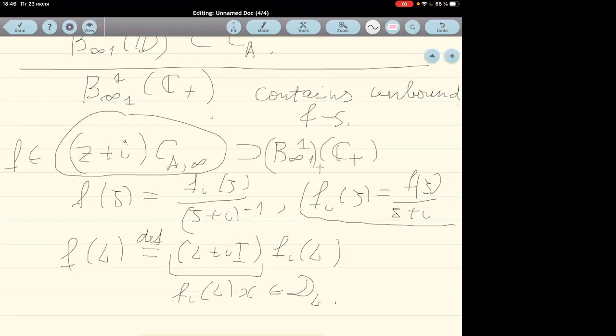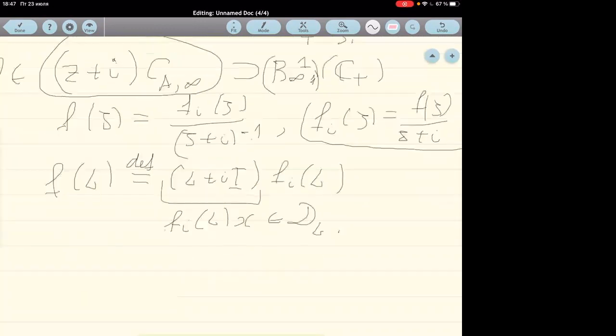So this definition allows us to define functions of dissipative operators, functions f of L for an arbitrary function that is in the Besov space B infinity 1 1 and is analytic in the upper half plane. And such operators are in general densely defined.